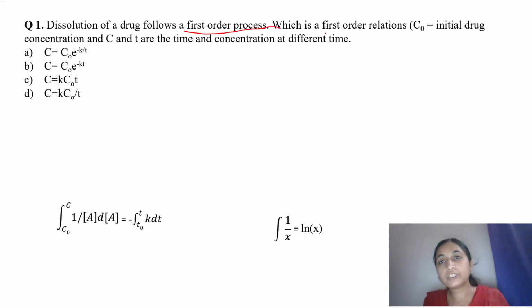So which is a first order relation? C0 is the initial drug concentration, and C and t are the time and concentration at different times.